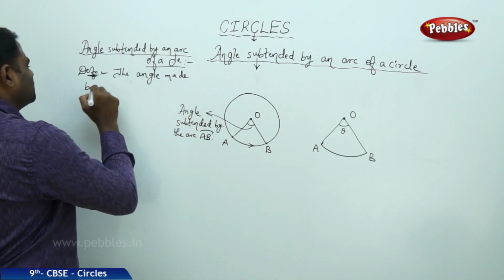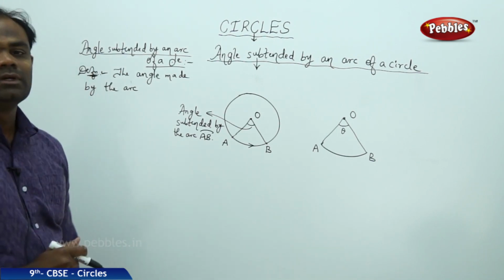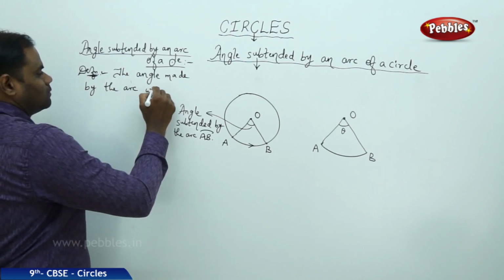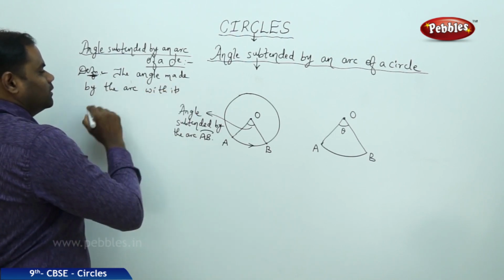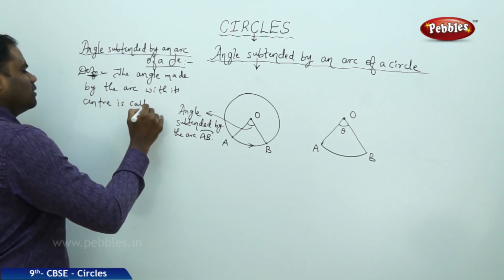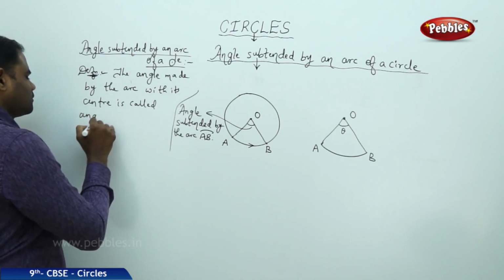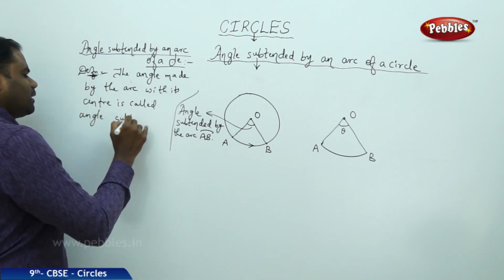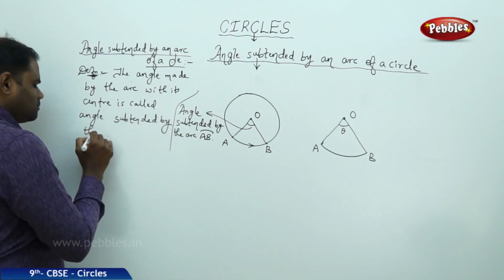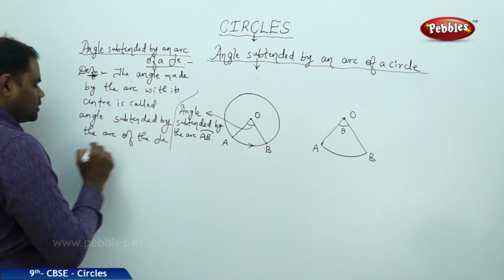The angle made by the arc with its center is called the angle subtended by the arc of the circle.